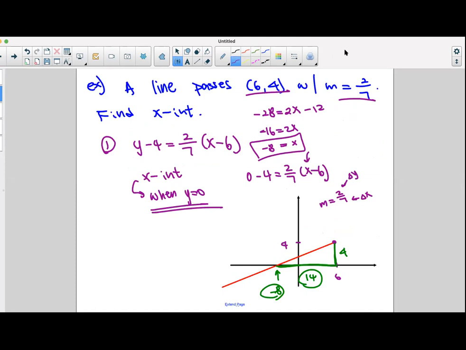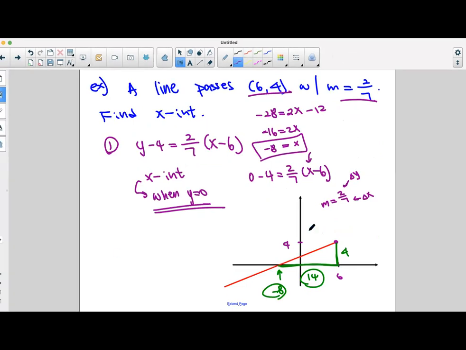But I'm hoping that you will be able to see the difference between the first method and the second method. The second method uses actual sketching, and I'm hoping you will see that sketching is not an inferior way of doing it, actually.